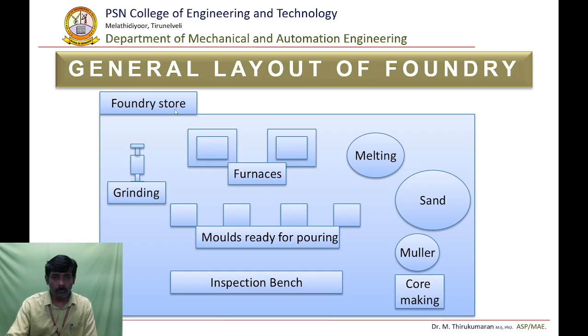So there is the foundry store. Let me enter into the foundry sections. This is the furnace section. Once the metal has to be melted, it goes to the melting section. Once melted, the material goes to pouring and the core making process.